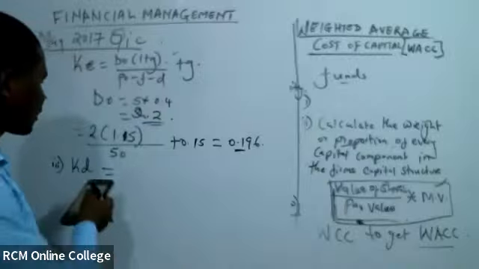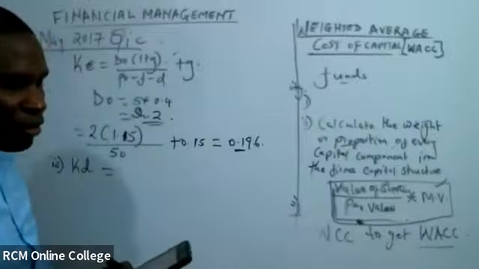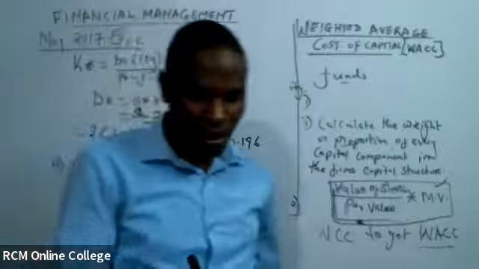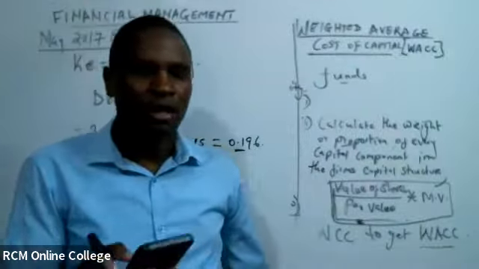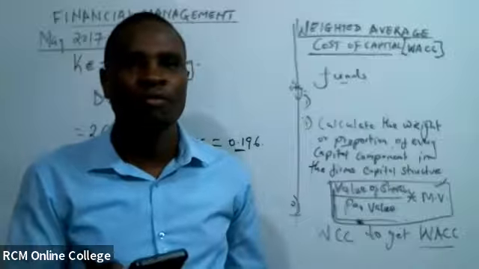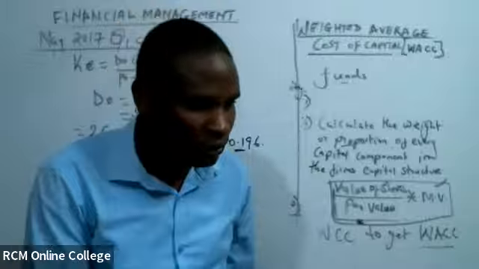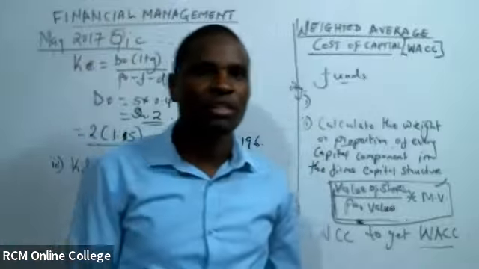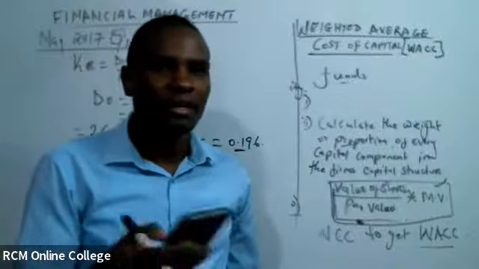All right, class, let's look at KD. We were asking ourselves, what is the formula of KD? But before then, how do we identify the type of debenture we have here? Which type of debenture do we have? We have two types of debenture, irredeemable and redeemable.